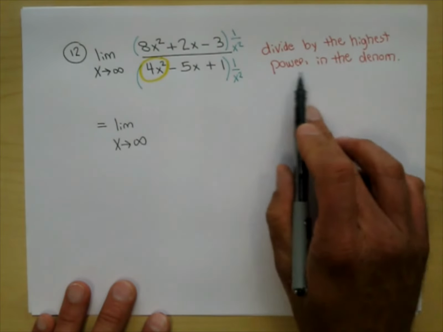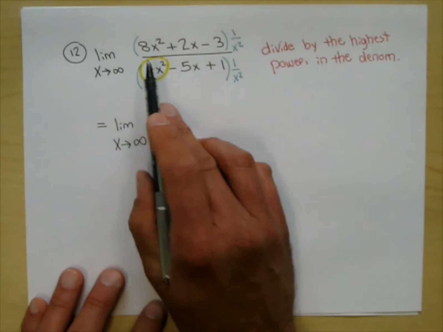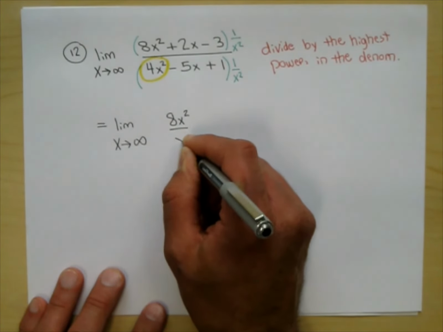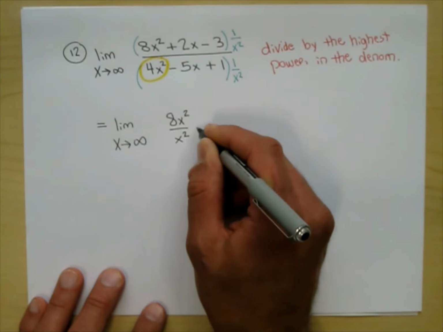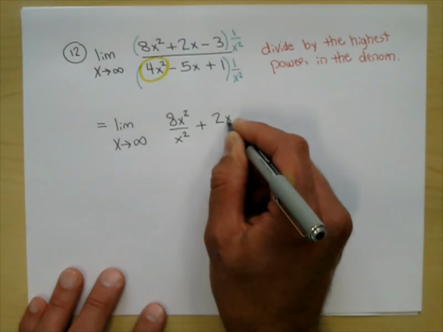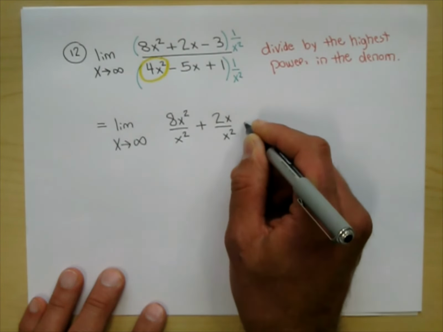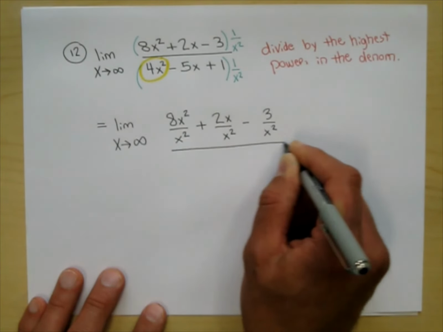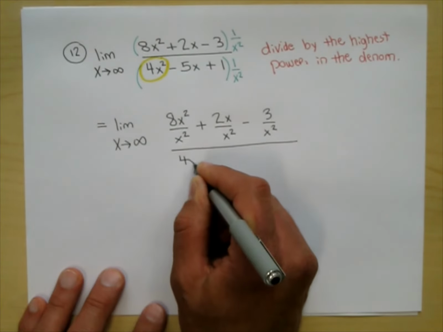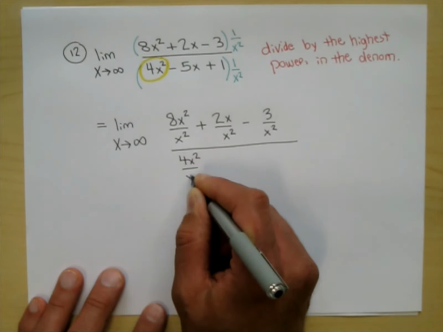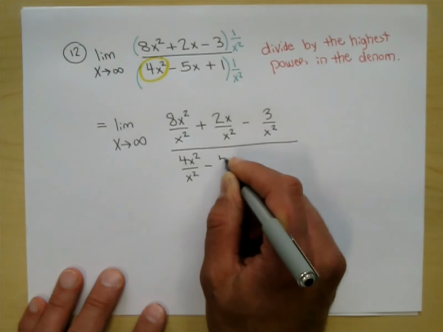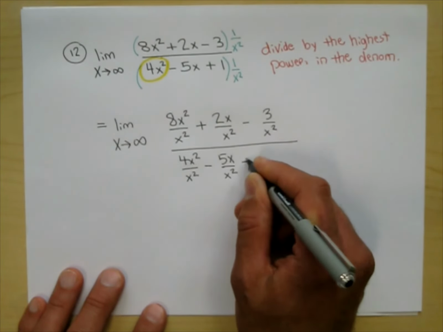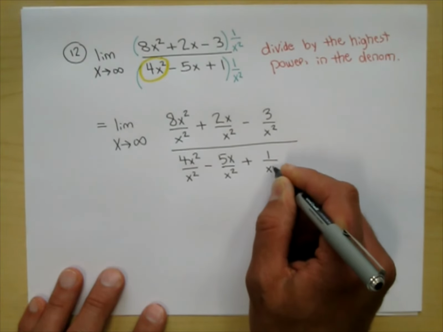Maybe that could be written a little nicer, but oh well, it's written. So I have, let's just write this out, 8x squared over x squared. I'm sure some of you can skip this step. Plus 2x over x squared minus 3 over x squared. This is all over 4x squared over x squared minus 5x over x squared plus 1 over x squared.